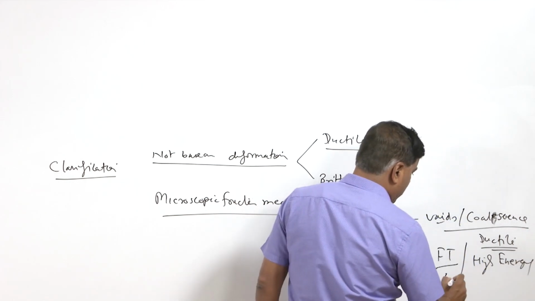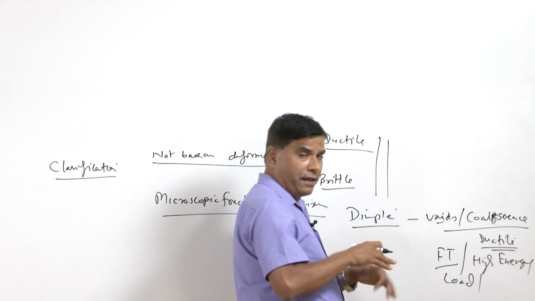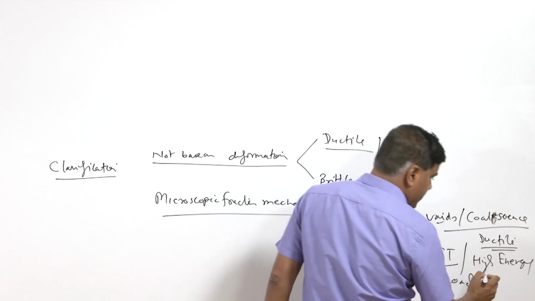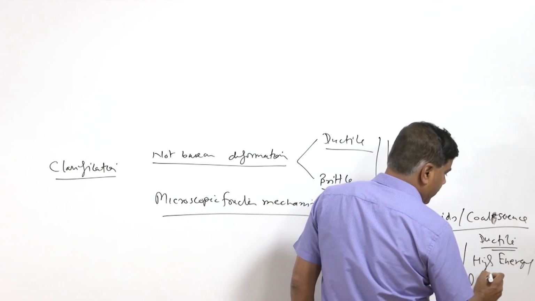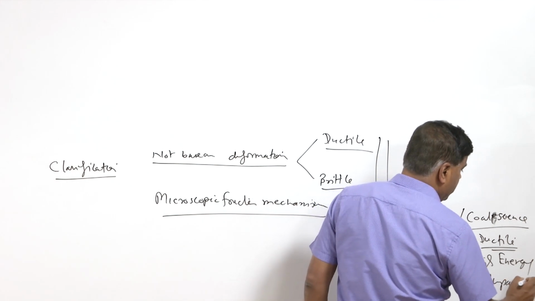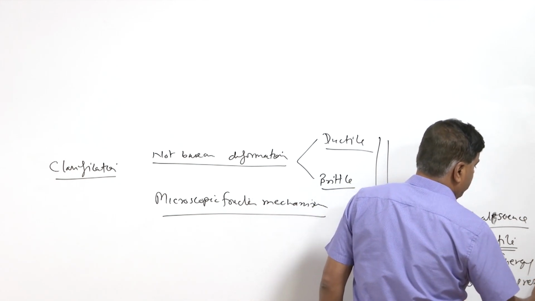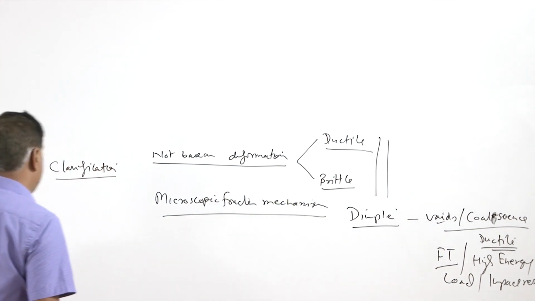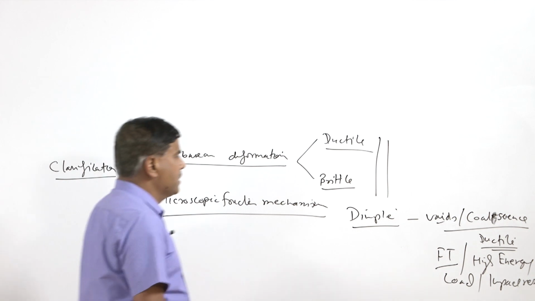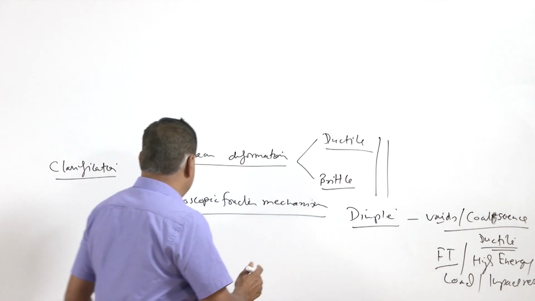It will take a lot of load, meaning the load carrying capacity will be good. At the same time the impact resistance will be good, and it will show good elongation. So the presence of the dimples, this is one thing.